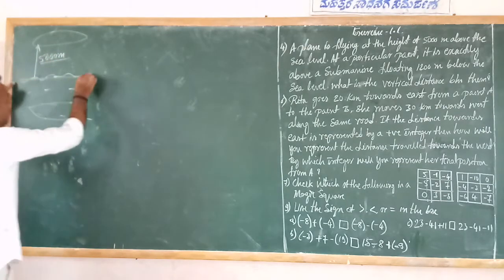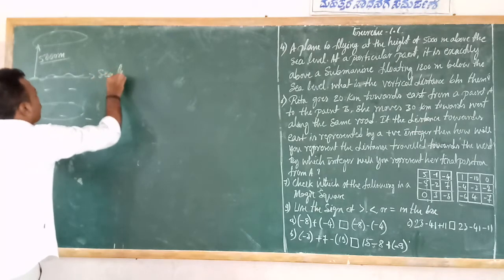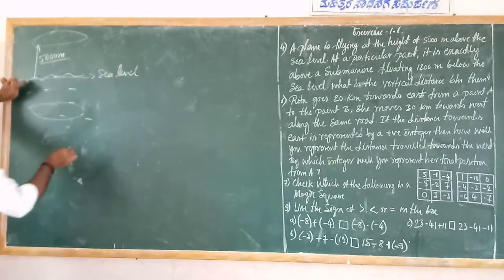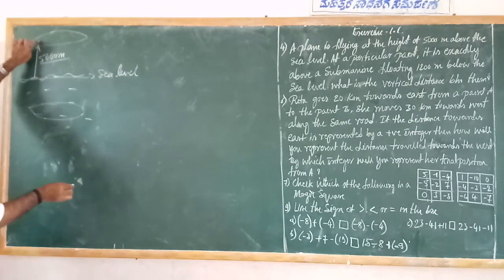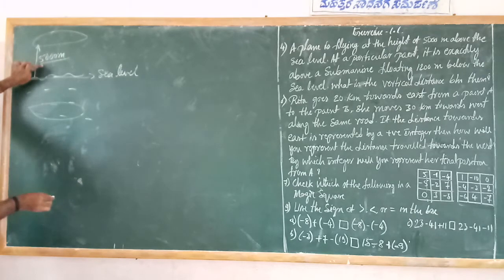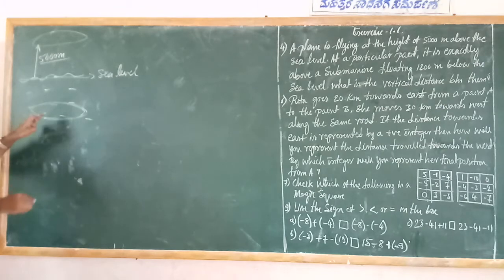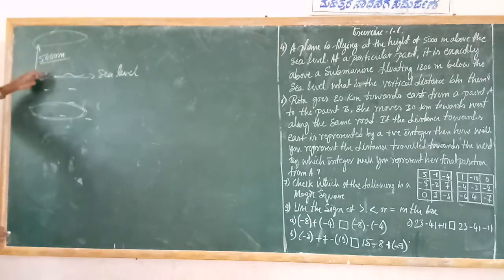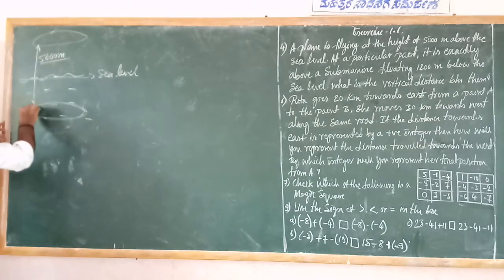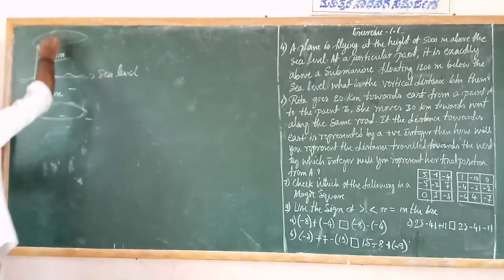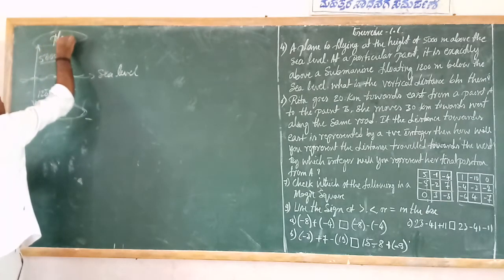So this is the sea level. Above the sea level, a plane is flying at a distance of 5000 meters, and a submarine is floating below the sea level at a distance of 1200 meters. So this is the plane and this is the submarine.